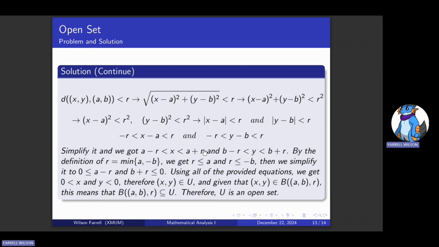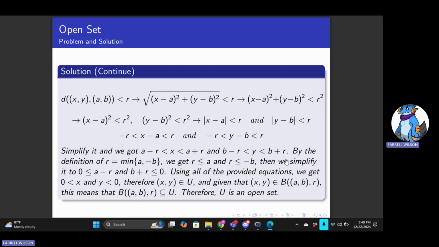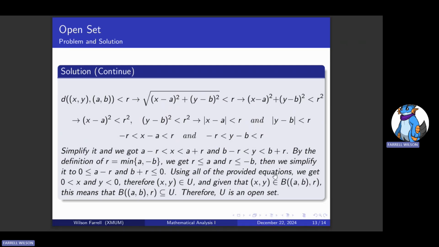Then we use all of the provided equations, and we get the result of 0 less than x and y less than 0. Therefore (x, y) is in U, and given that (x, y) is in the ball B((a, b), r), that means the ball is contained in the set U, and therefore U is an open set.